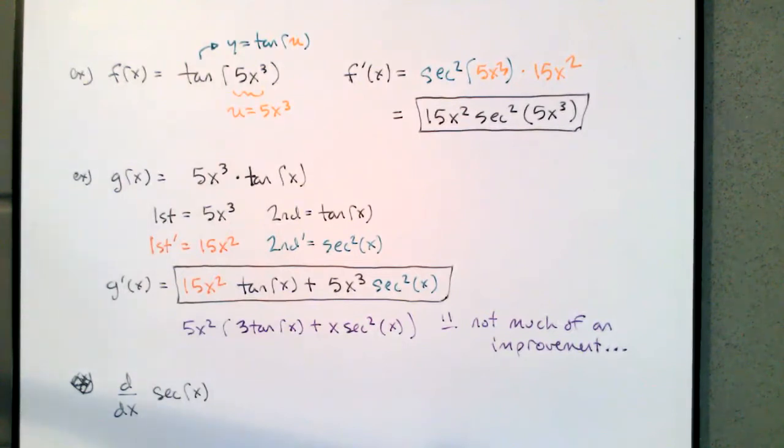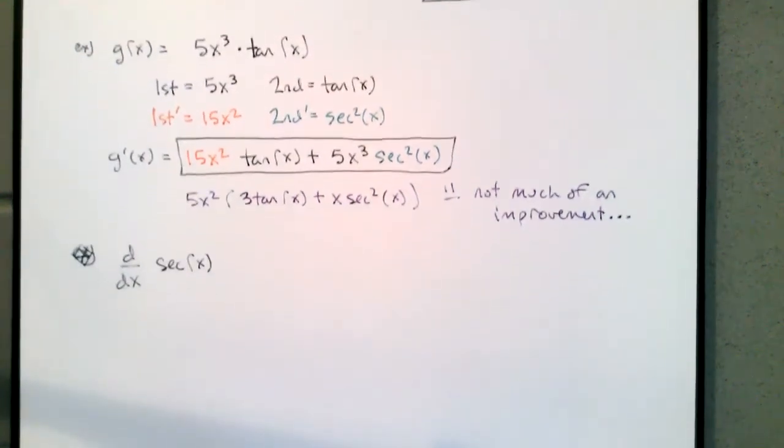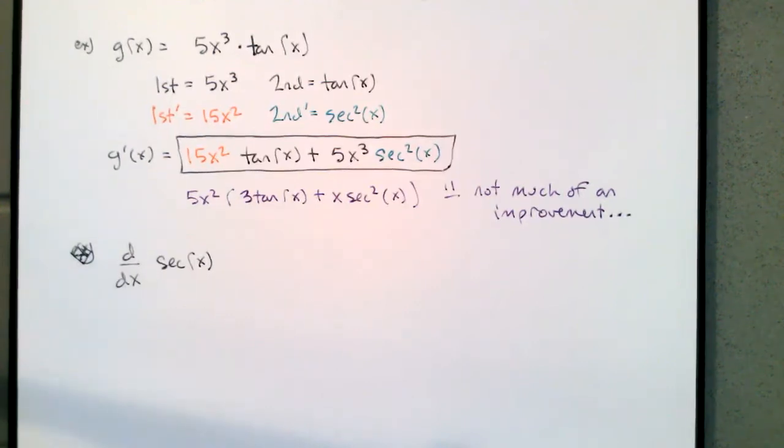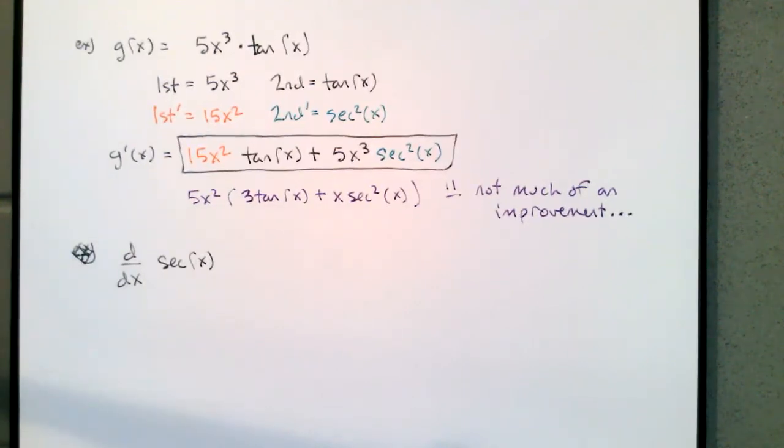Let's suppose that we wanted to know the derivative of secant x. When we take the derivative of tangent, we end up with secant squared. So if we take a second derivative, we're going to need to know the derivative of secant. So let's calculate the derivative of secant.